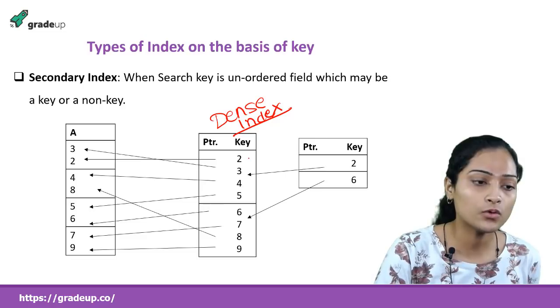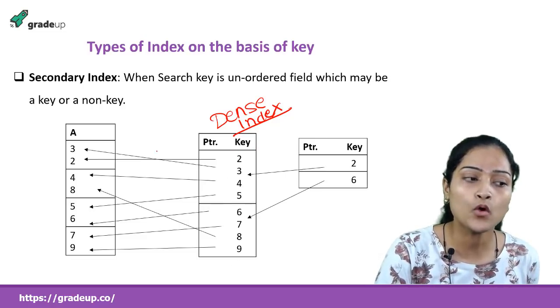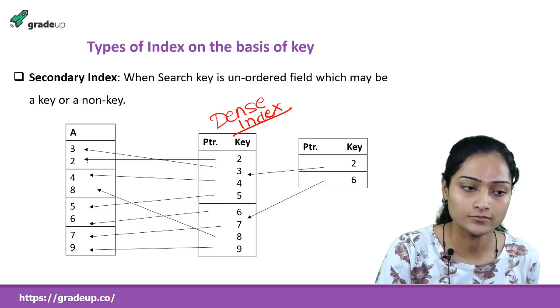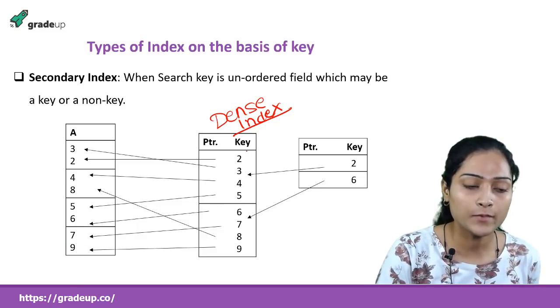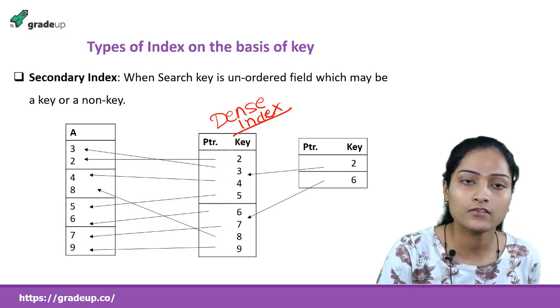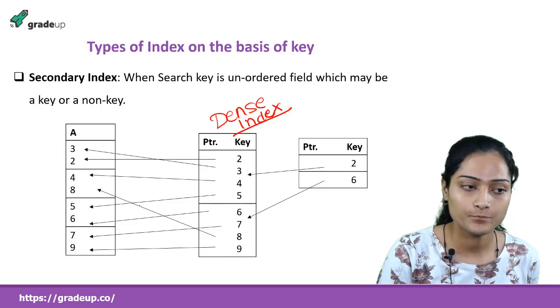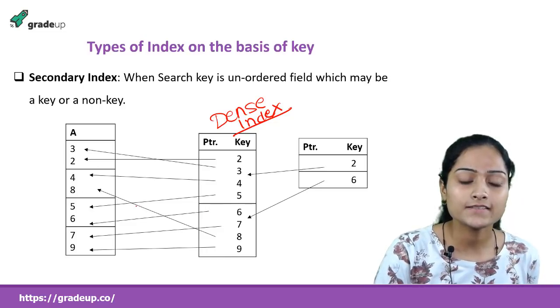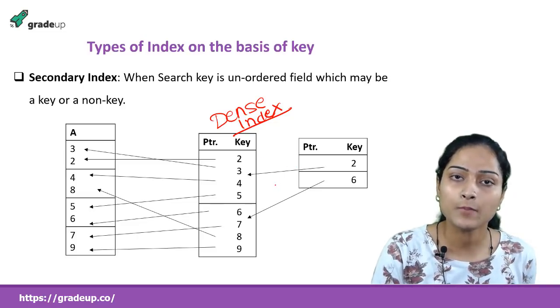What we are going to do is maintain an entry for each and every key value and a pointer to that entry. Here we have the data from the start, 2 until 9, and I have maintained all the key values in our index file along with pointers to them. After the first level of index, you can apply sparse indexing.